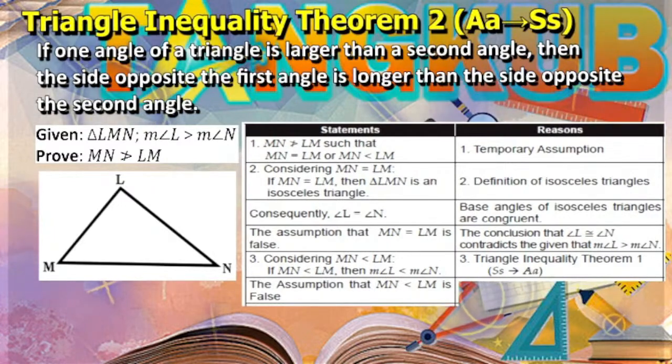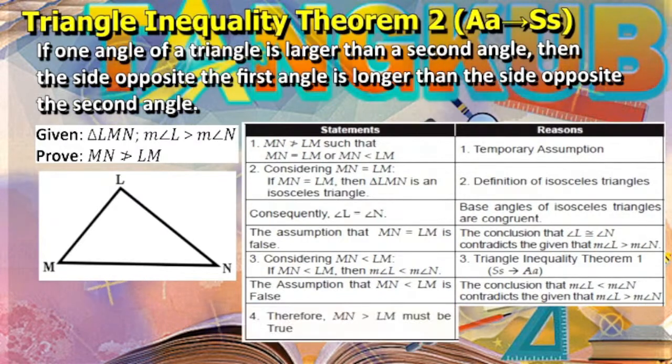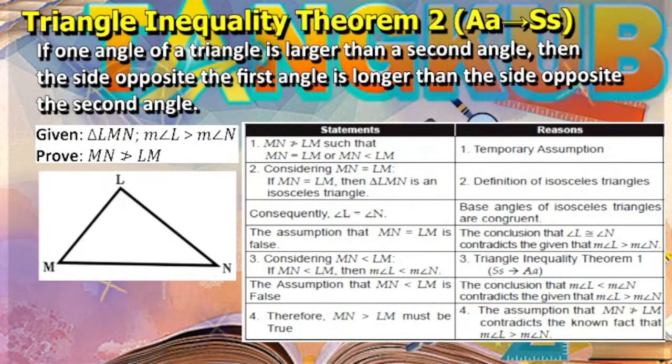So, the assumption that MN is less than LM is false, since the conclusion that measure of angle L is less than measure of angle N contradicts the given that measure of angle L is greater than the measure of angle N. Therefore, the statement MN is greater than LM must be true. Reason, the assumption that MN is not greater than LM contradicts the known fact that measure of angle L is greater than the measure of angle N.